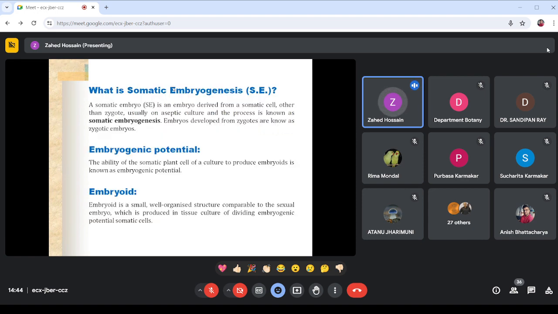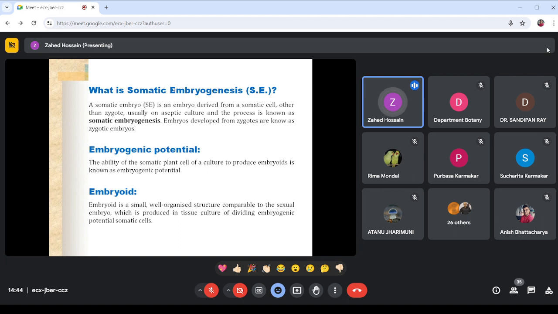I mentioned that somatic embryogenesis is one of the modes of plant regeneration. One is shoot bud organogenesis. Another one is somatic embryogenesis. Embryogenesis is basically the process of developing a somatic embryo. A somatic embryo is nothing but an embryo that is derived from a somatic cell. What you know is that when a male gamete and a female gamete unite, it forms a zygote.